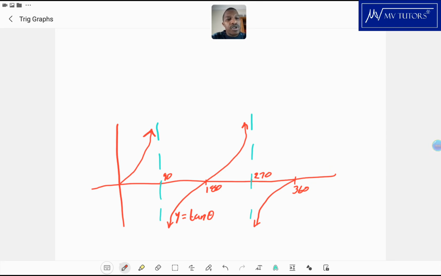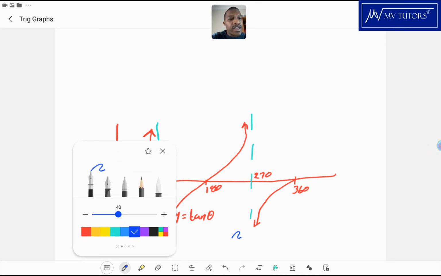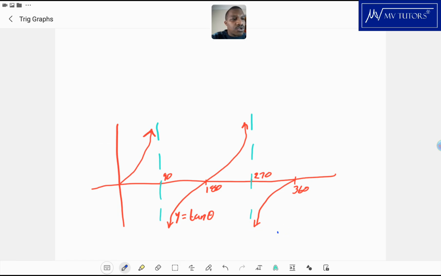We have the original graph. Now let's say they give you to draw y equals 10 theta plus 2. This is a shift up, so we shift every point by 2. So 1, let's say, is there, and it moves to 2.